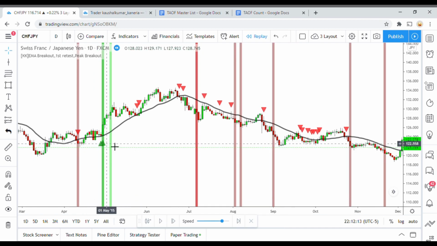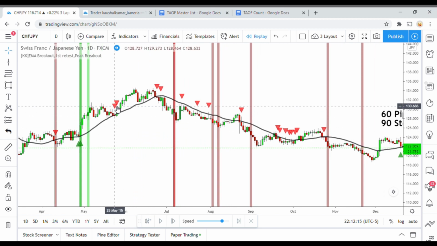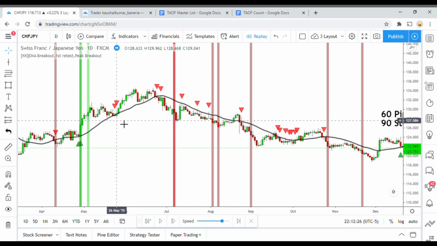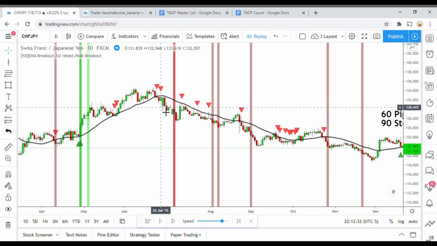And so if we look at the triangles here, they are telling us when a retest of the moving average takes place.